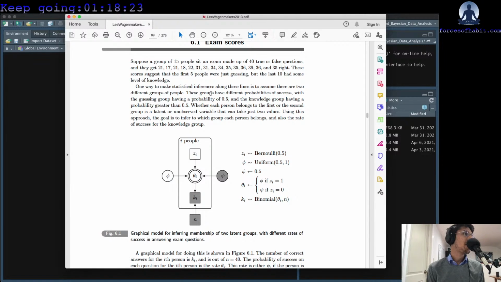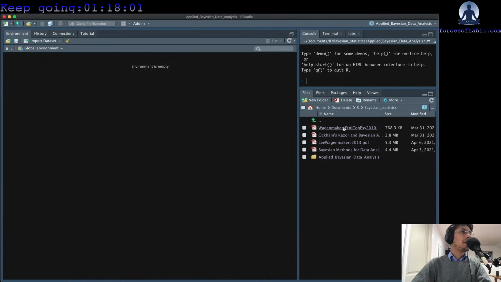So we want to know there's this latent group of people who are knowledgeable and not knowledgeable, and we want to identify that. So that's what we're going to do. We're going to infer which group a person belongs to based on the rate of successes from all the folks. So let me pull up the data.